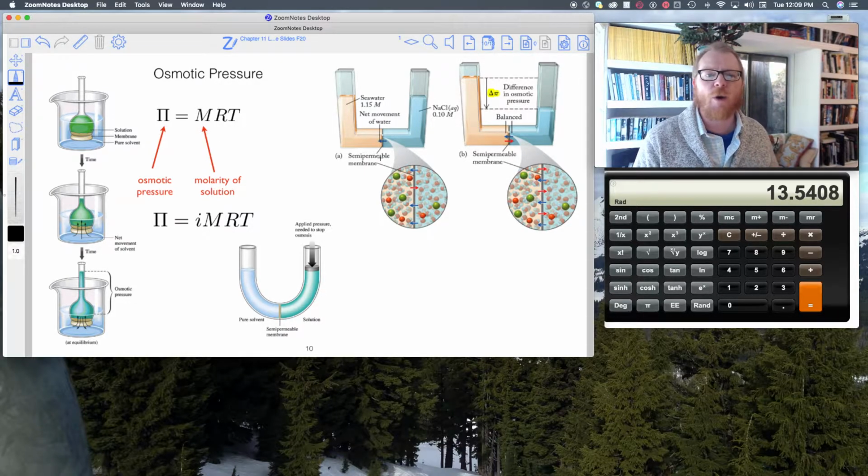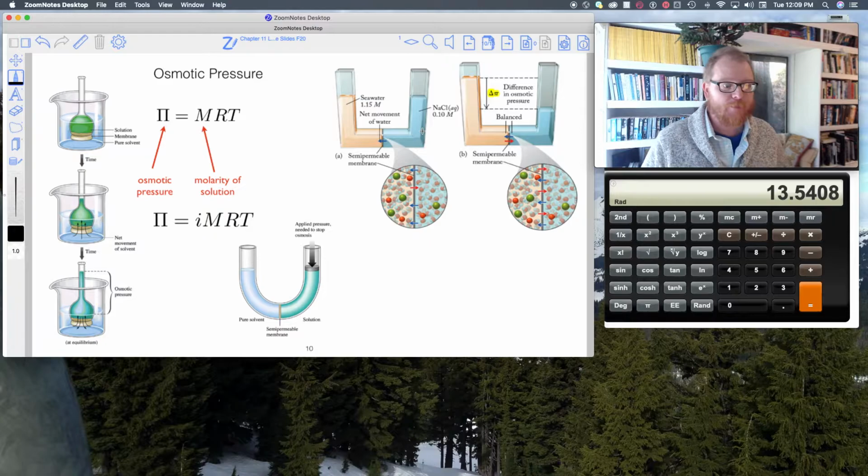For example, in this picture right here, you can see on this side there's seawater, 1.15 molar, really concentrated. If, let's say, on the other side of the semi-impermeable membrane it was the exact same concentration, nothing would happen.